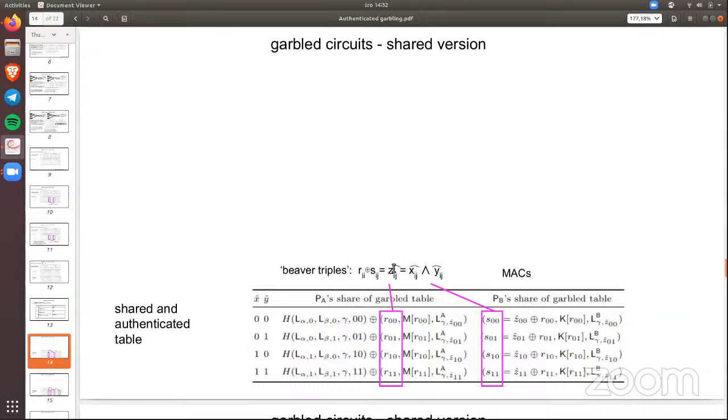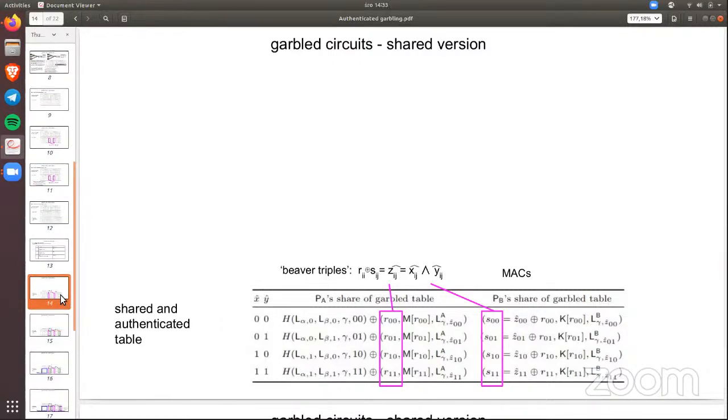What's the output of this particular gate? It's the AND gate again, so this is X_i AND Y_j. To have these values, we need to run some separate protocol on the side, and it can be done before this is pushed to the preprocessing.